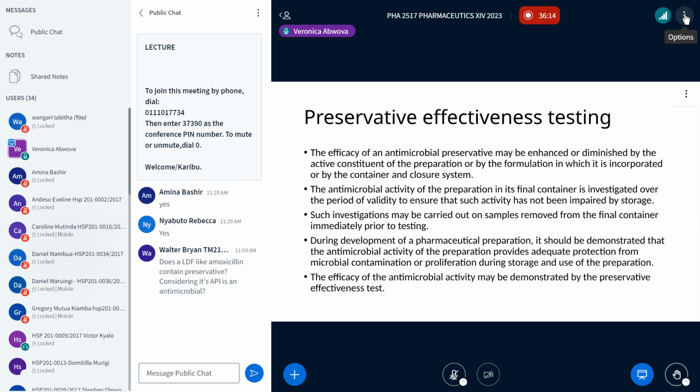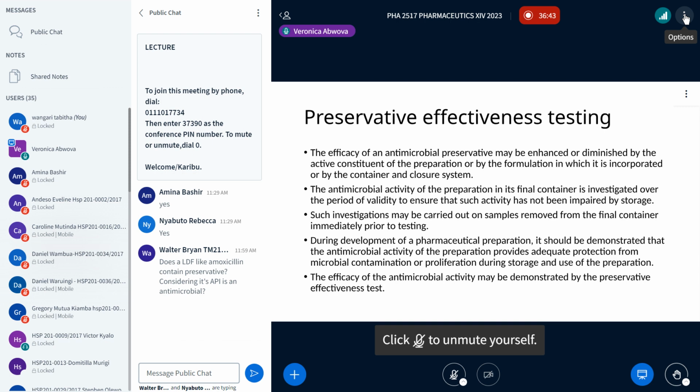Most of them actually will not have preservative, because the understanding is that the API itself will actually prevent growth of microorganisms. So that's why you will find for most of these, they actually will not contain a preservative.